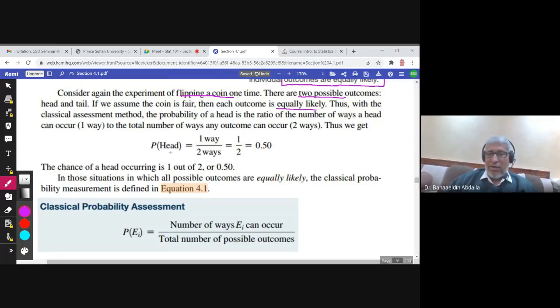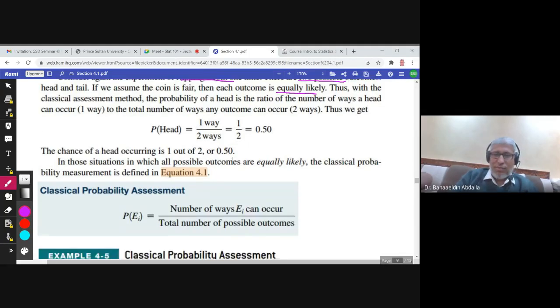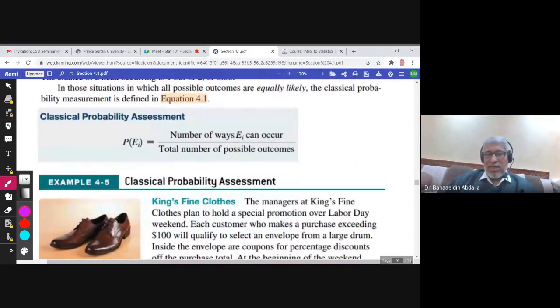We have two outcomes, head or tail, and the number of heads in the two outcomes is 1. So probability of head is 1 over 2, and probability of tail is also 1 over 2. So this is the classical probability: the number of ways the event can occur over the total number of possible outcomes.